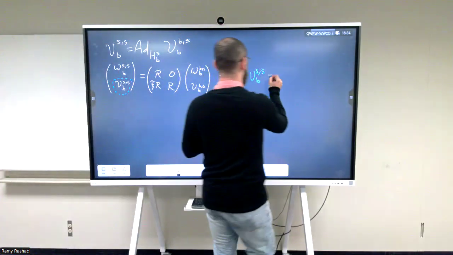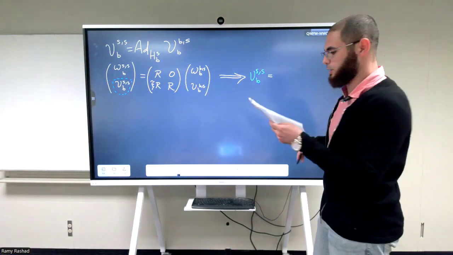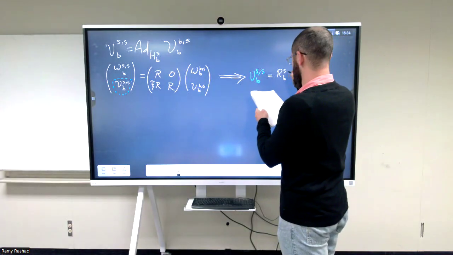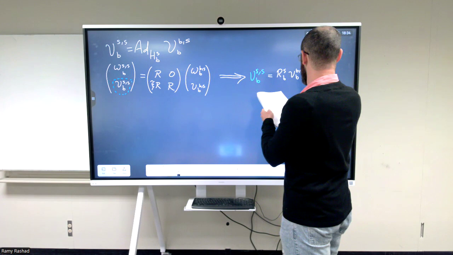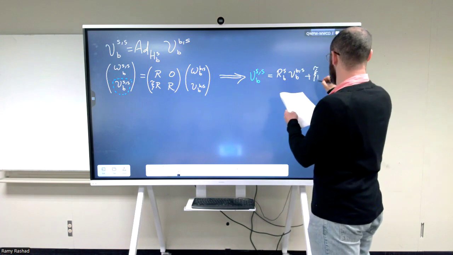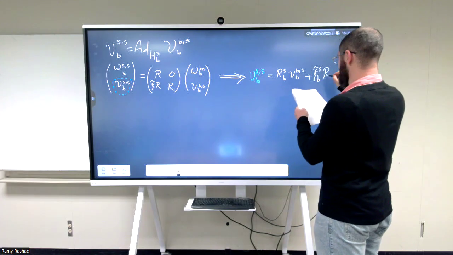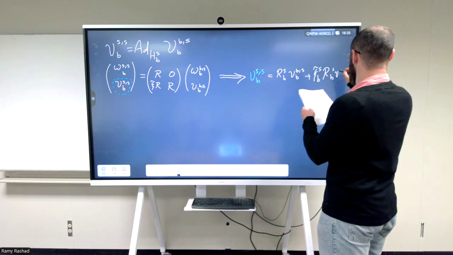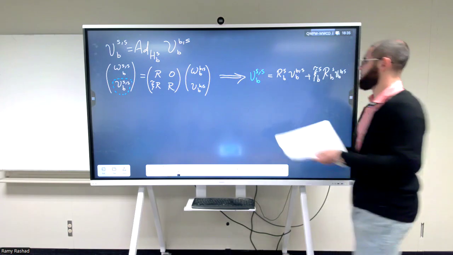By just expanding this expression, it is simply equivalent to R, BS, VB plus psi tilde multiplied by VB, BS. Okay.